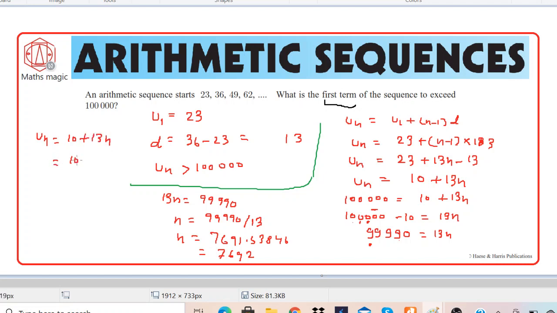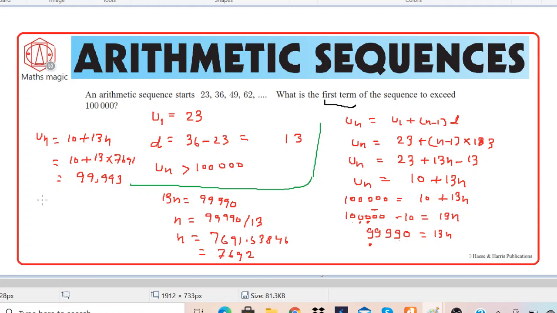Let's place n as 7691 and 7692 both. 13 times 7691, so if you multiply 7691 with 13 and then do plus 10, the value of the term at the 7691 position is going to be 99,993, which is less than 100,000.